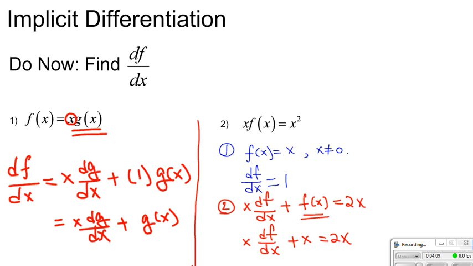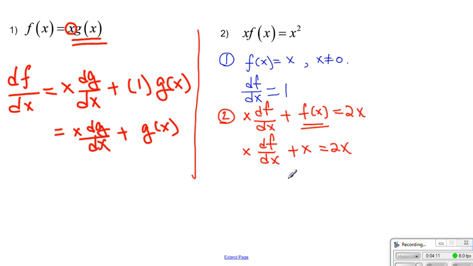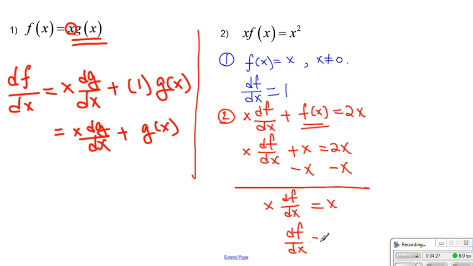Then, of course, we can subtract x on both sides. We'll end up getting x times df over dx equal to x. And then when you divide by x, we realize that df over dx is equal to 1. Haha, wait a minute. Whether we isolated f of x by itself or we didn't, one way or the other, we end up getting exactly the same answer.